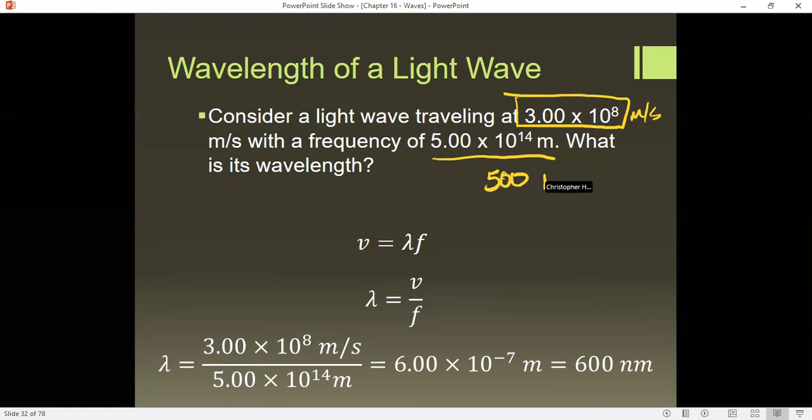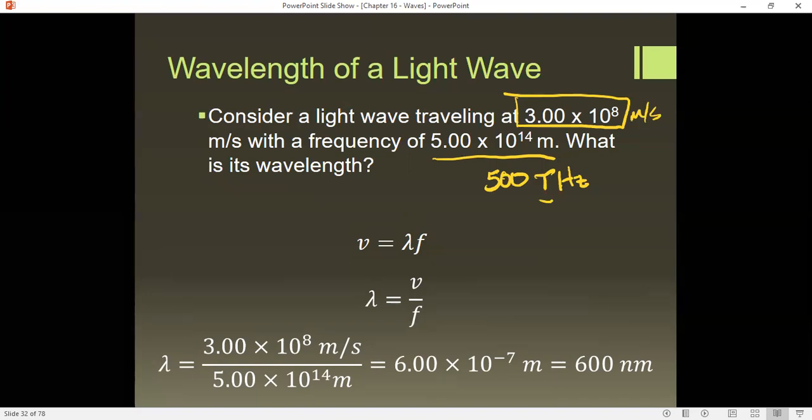Think about the metric prefixes here. 10 to the 3 is kilo, 10 to the 6 is mega, 10 to the 9 is giga. So we're all the way up to tera at 10 to the 12, and 10 to the 14 is 100 terahertz. So this is 500 terahertz.